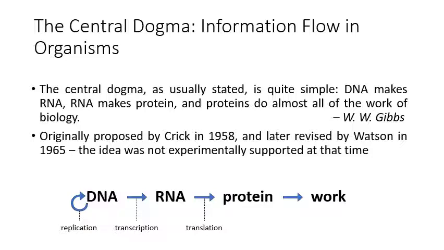So as I mentioned, this is basically right. There are some exceptions to this scheme of information flow. The big exception, I guess, is that certain viruses have their genes stored as RNA and they will copy them backwards into DNA. Like HIV, which is the virus that causes AIDS, will do that.